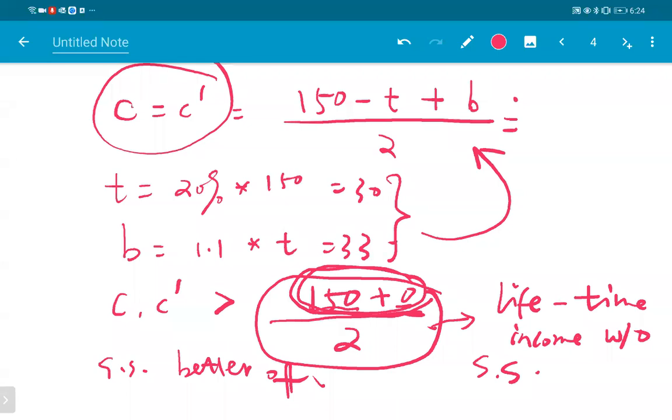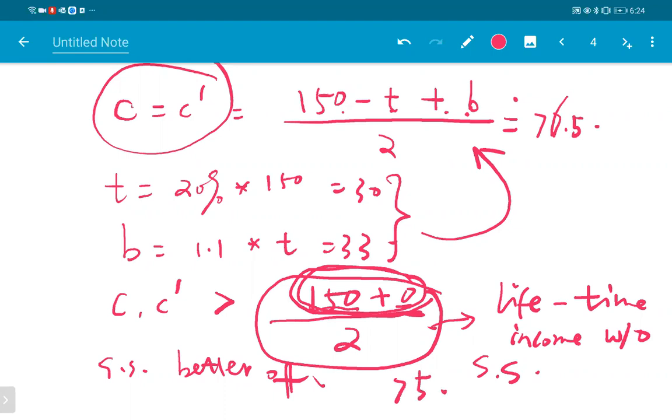So C equals C prime, which is (150 minus 30 plus 33) divided by 2. That roughly gives you 77.5 if I calculate correctly. No, 76.5. And here, you have C equals C prime equals 75.